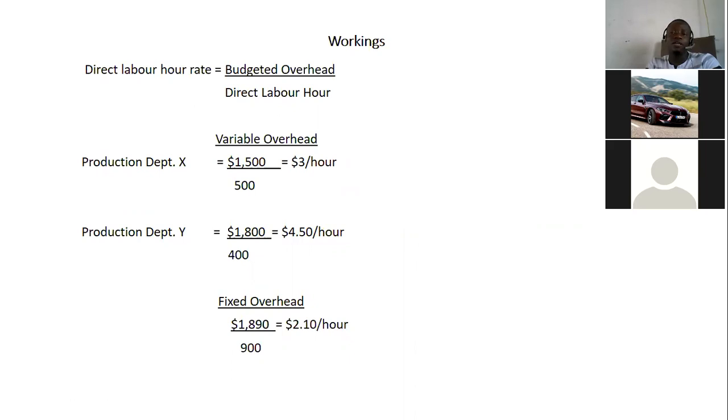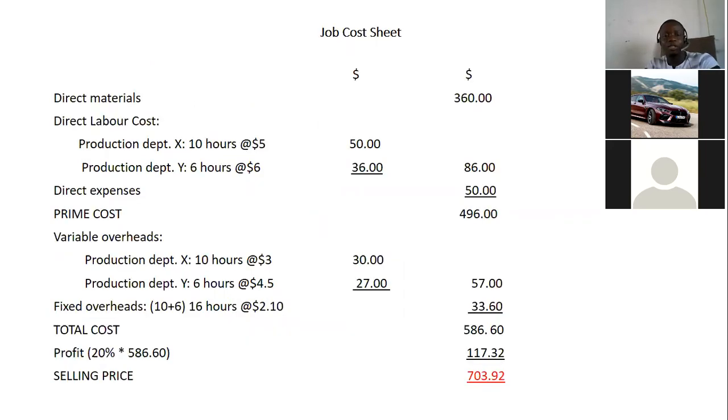So to find the labor costs incurred by production department X, we will have to multiply this rate of 3 cedis per hour by the total hours spent on the job, which is 10 hours. So we are multiplying 10 hours by the 3 Ghana cedis that we have calculated, and that will give us 30 Ghana cedis.